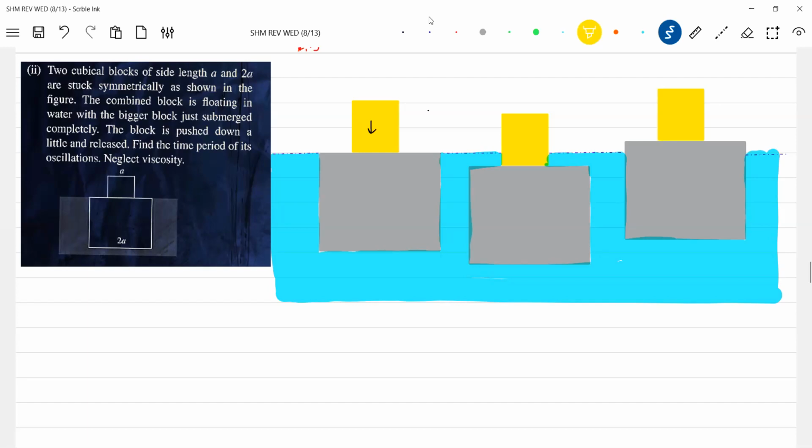Both are having, and initially there's a buoyant force FB naught. I'll write it. We'll try to calculate FB naught.